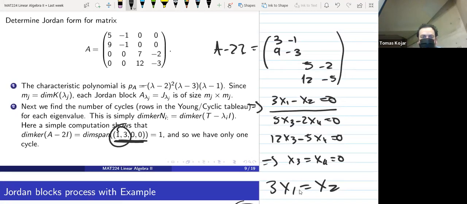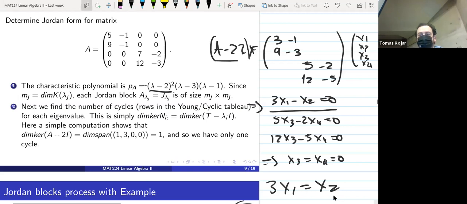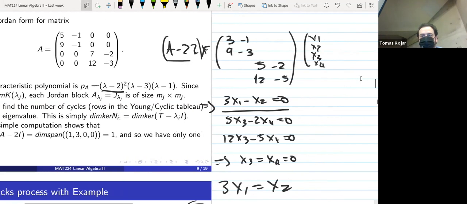So we talked about finding eigenvectors. Let's say for this guy, you write down your matrix, and then you have x1, x2, x3, x4 equal to 0, right?